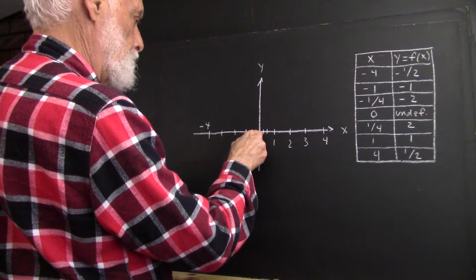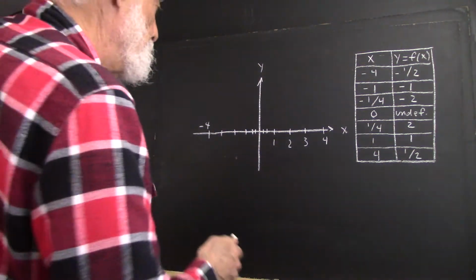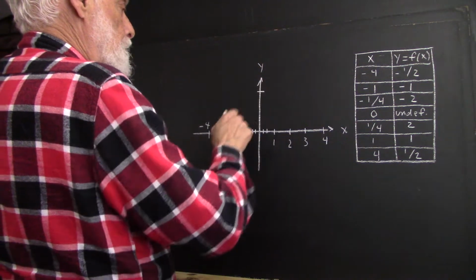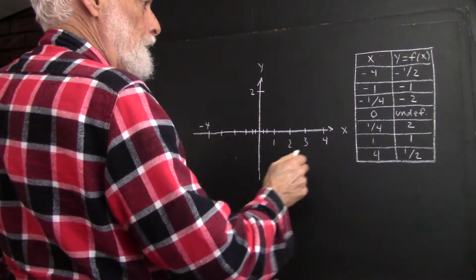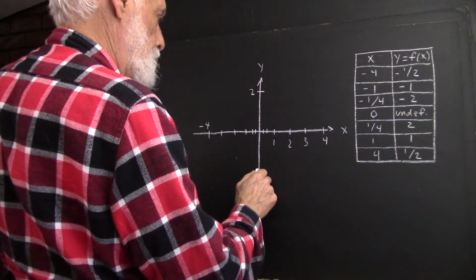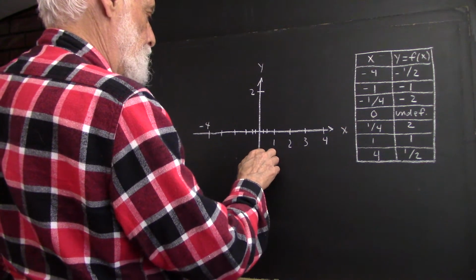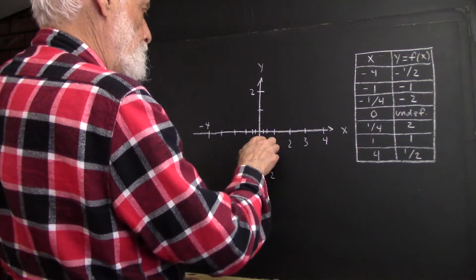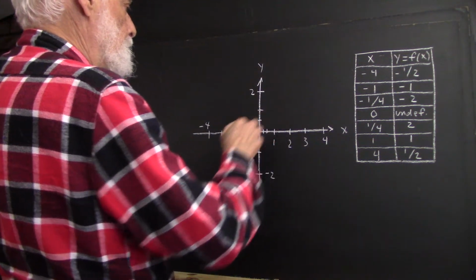In a hand sketch graph, you never have full precision. And up here, this will be where y equals 2, and we go down as far as -2, so we'll put -2 about here, so that -1 will be here, 1 will be here, -1/2 about here, and 1/2 about here.